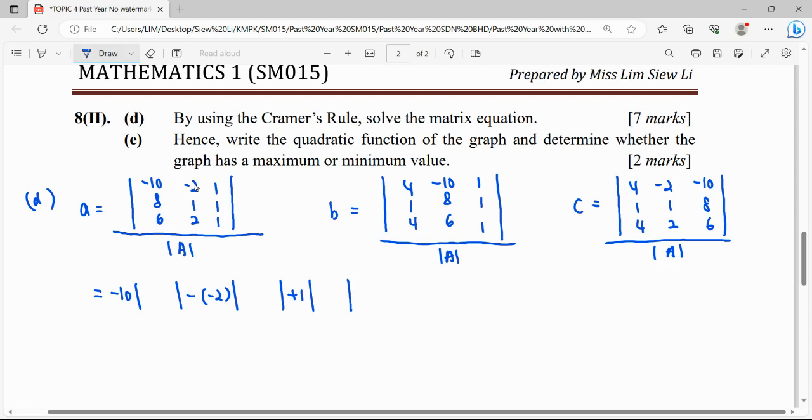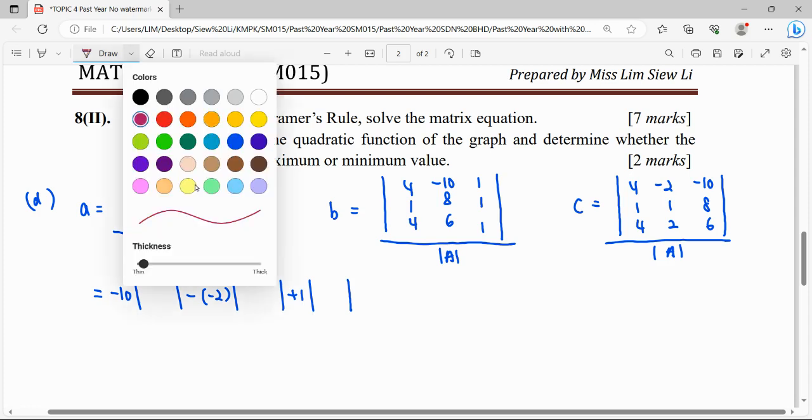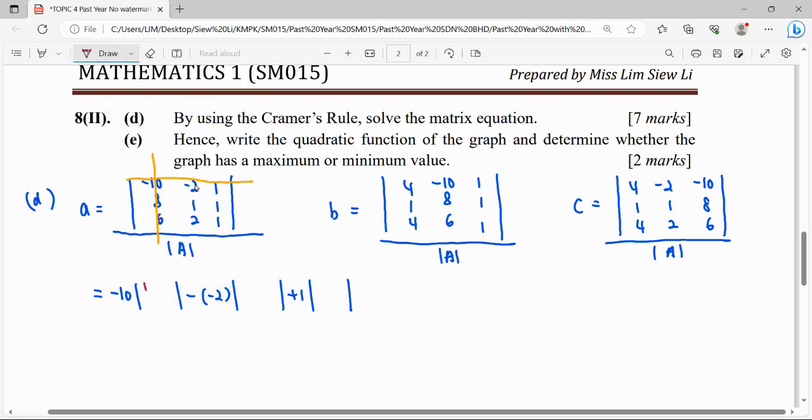Row 1 gives you 1, 1, 2, 1. Copy and paste. Vertically is 8, 6. So divide by the determinant that we found for the matrix, which is -12.